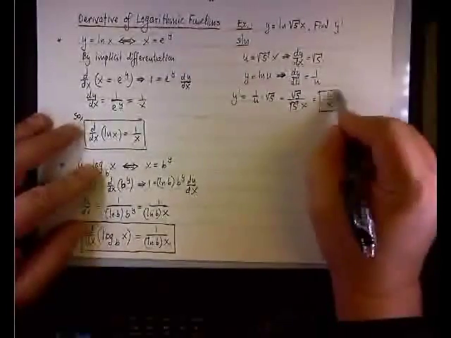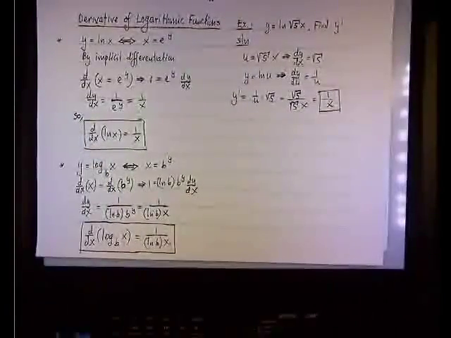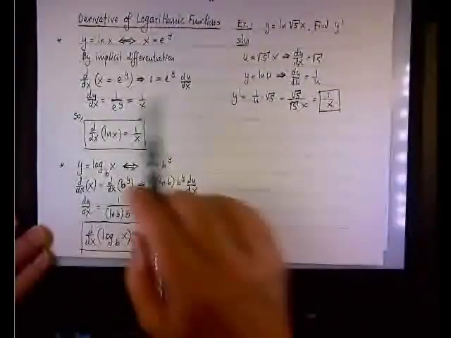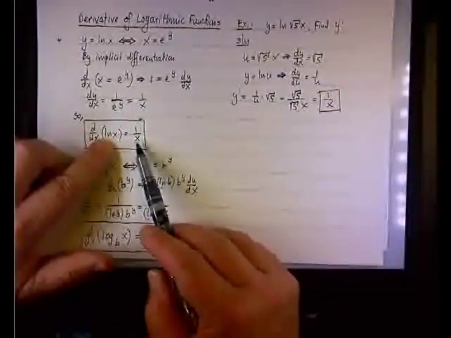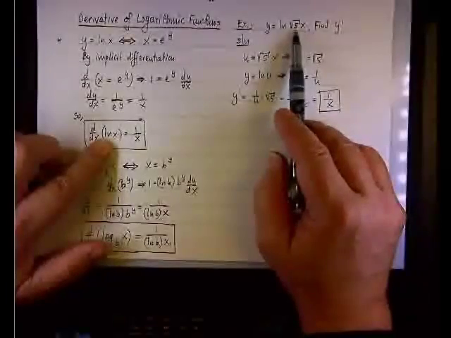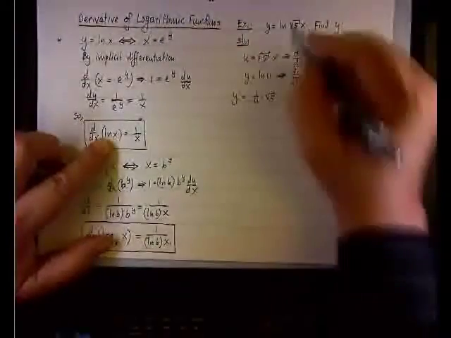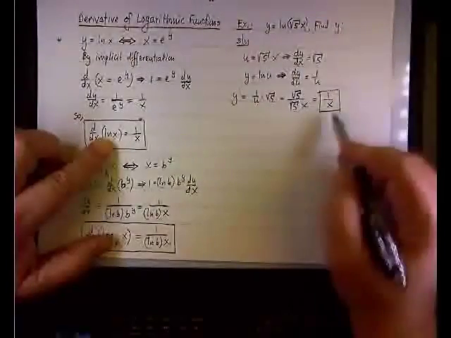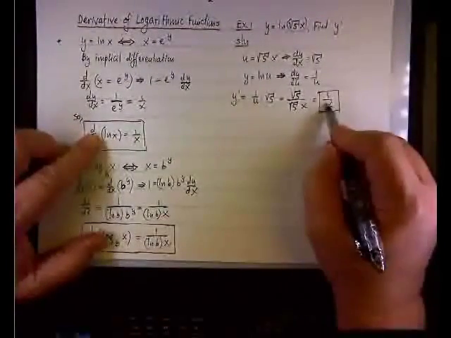And now wait a second. You need to ask yourself, so what is the difference? The derivative of the natural log of x is 1 over x, and the derivative of the natural log of square root of 5 times x, let's put it in parentheses, is also 1 over x, how can it be?